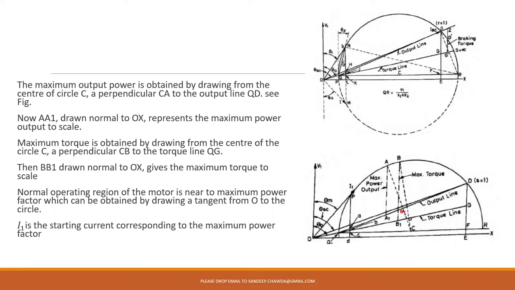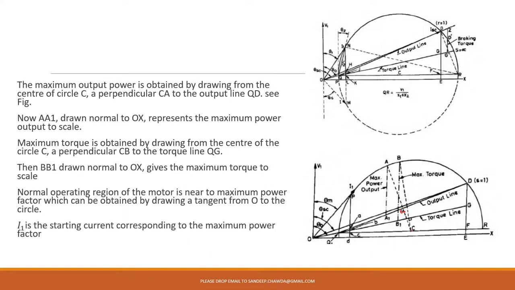So this AA1, which is drawn normal to this OX, is going to give you maximum power output.